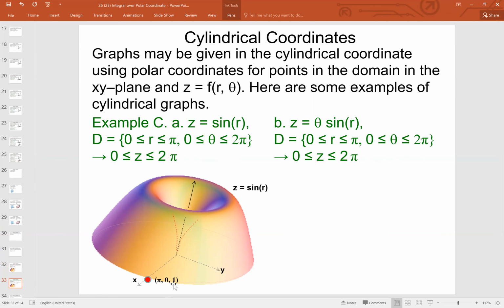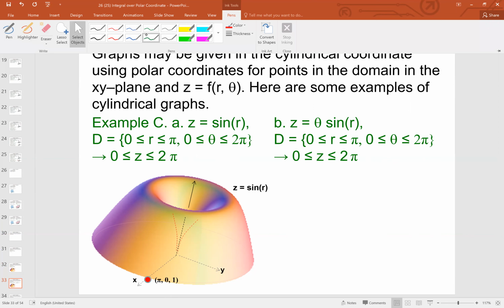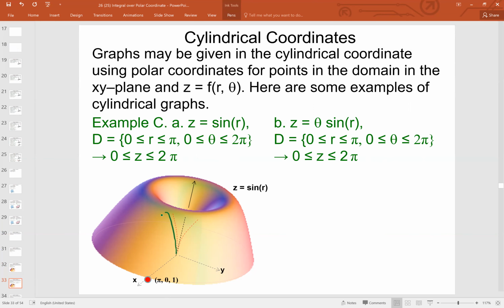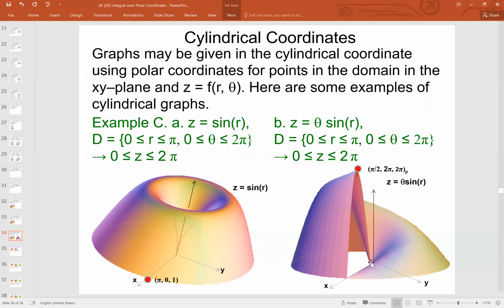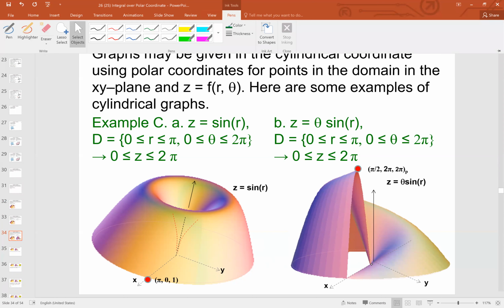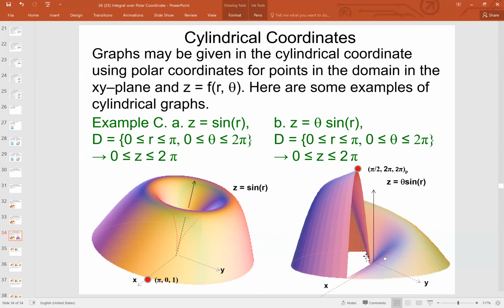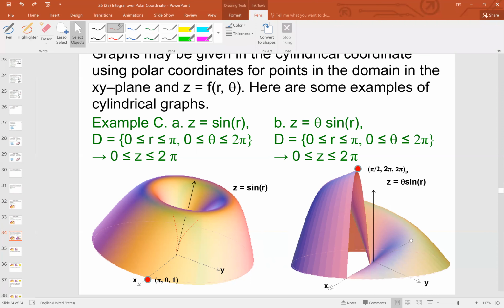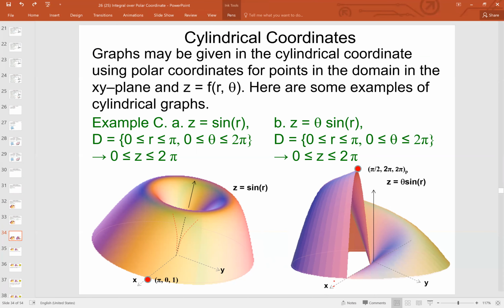Okay. If I multiply sine of r times the angle theta, then in particular, when theta is 0, I don't get this curve anymore. And when theta is equal to 0, actually I will get 0.